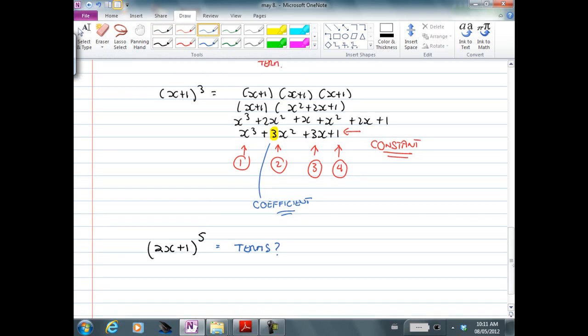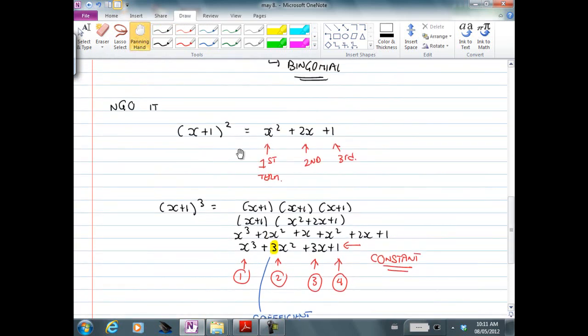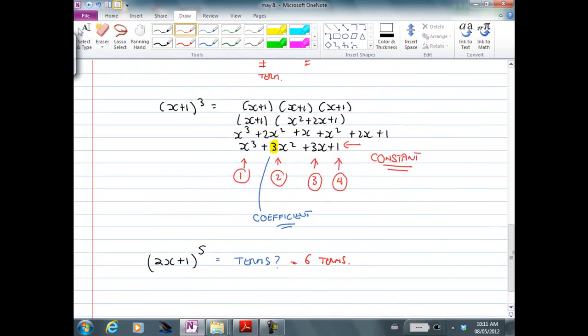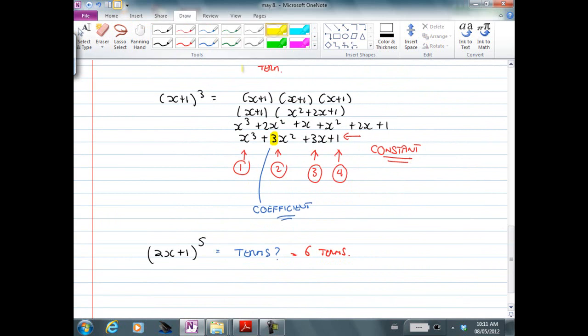Look at the pattern that I did. I started with 2, and then 3. So basically, there are 6 terms if we look at the pattern. How do I know there are 6 terms? The key is your exponent.